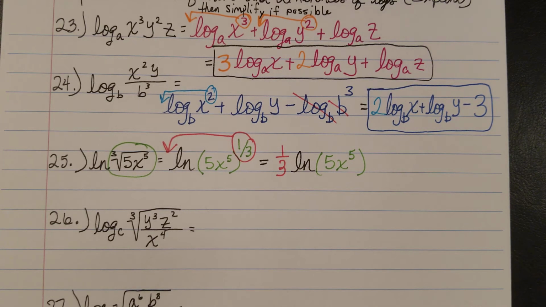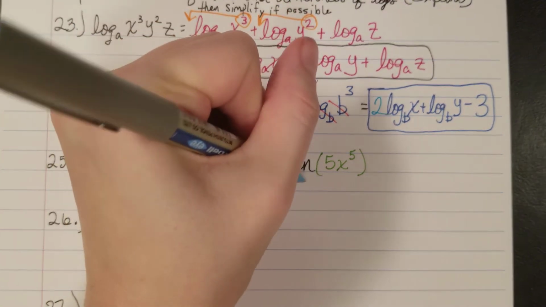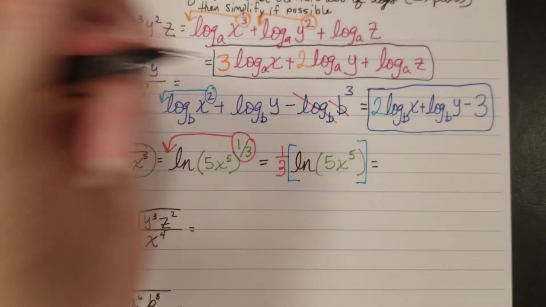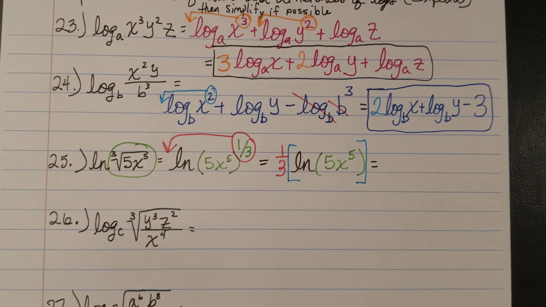So now we can go ahead and expand the log into a sum of logs, okay? So we're going to expand this into a sum of 2 logs. Let's see, so we've got the 1/3.